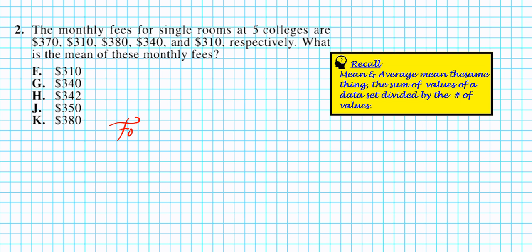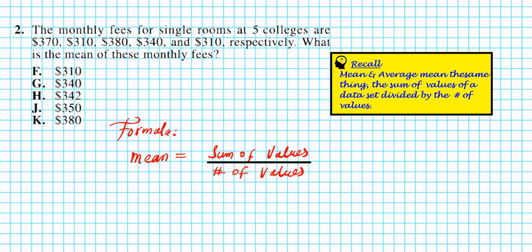So what is the formula for mean? The mean can be computed by finding the quotient of the sum of the values of the elements of a set divided by the number of elements in that set, or number of values.